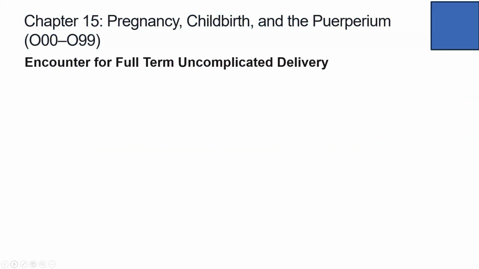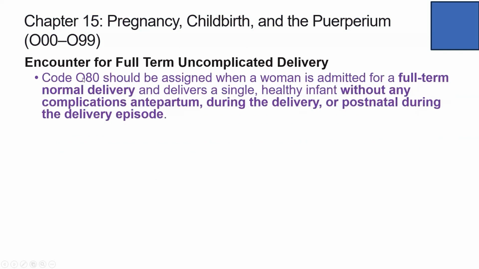Now we're going to look at encounter for a full-term, uncomplicated delivery. There is a code, and it's O80. Code O80 should be assigned when a woman is admitted for a full-term, remember that, full-term, normal delivery, and delivers a single, just one, not twins, not triplets, a single healthy infant without any complications in the antepartum period, during the delivery, or postnatal during the delivery episode.